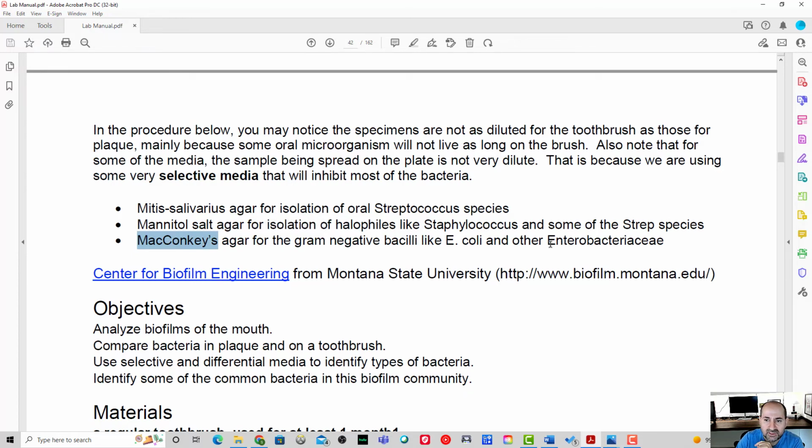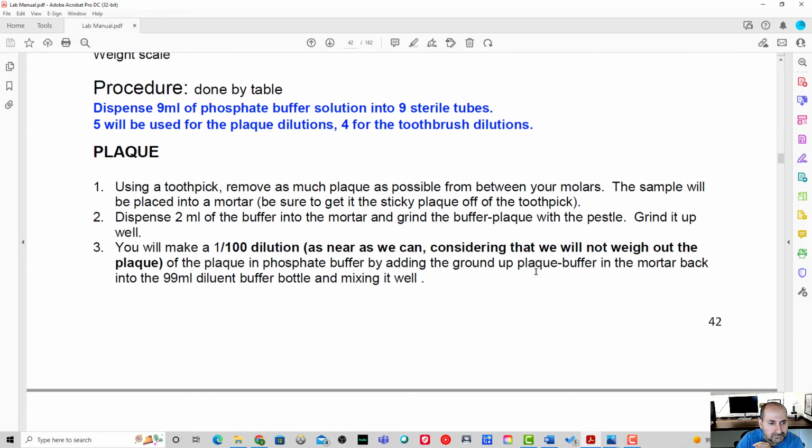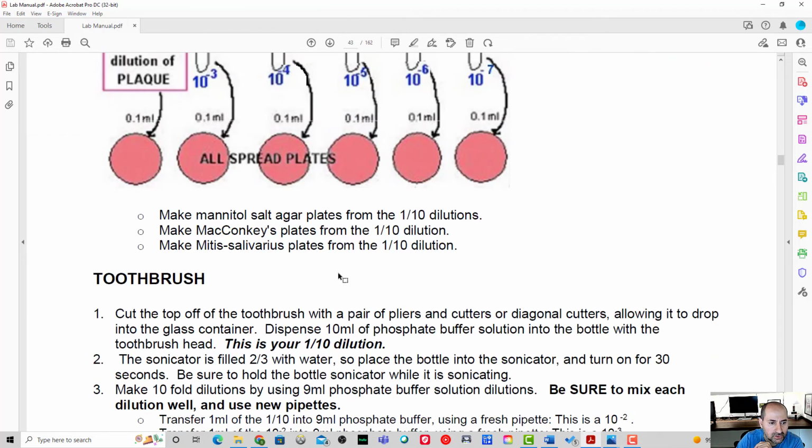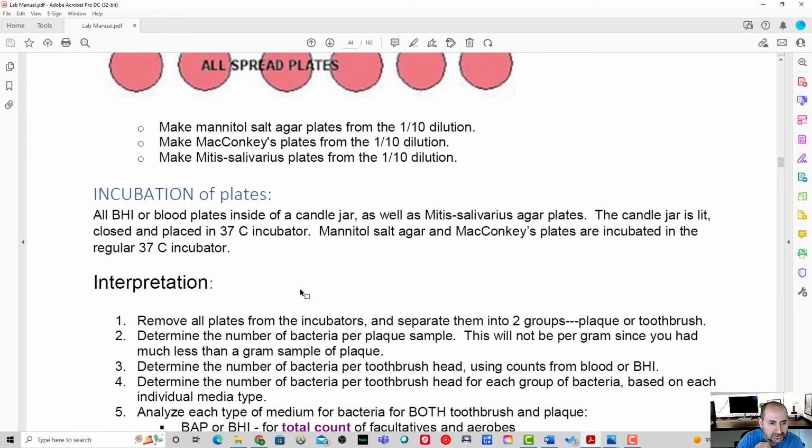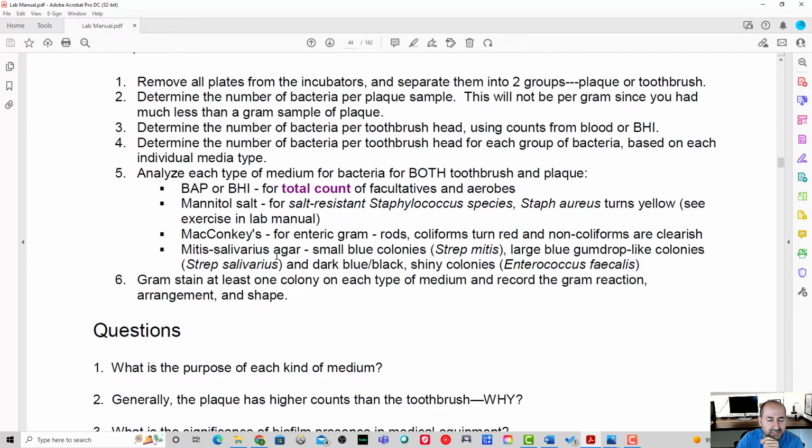coli and other Enterobacteriaceae. And when we interpreted our results, right down here, for interpretation, remember that for mannitol salt, the salt-resistant staph species turn yellow. MacConkey's for gram-negative enteric rods, the coliforms, which are bacteria that are known as enteric bacteria, the coliforms turn red, and non-coliforms are clearish.